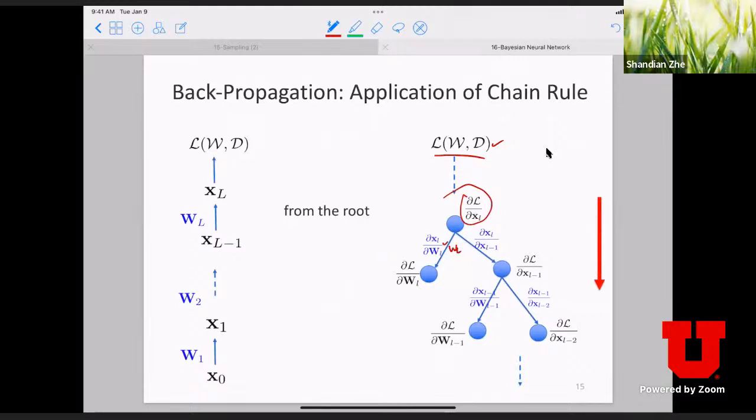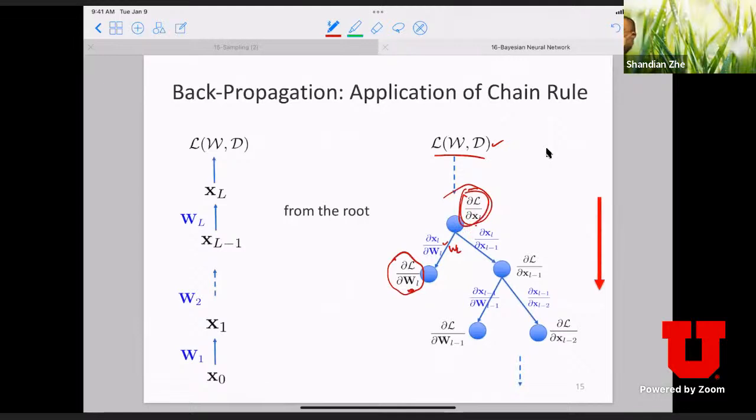So the benefit is that if you want to compute the partial derivative of the loss with respect to the weight matrix, I can just apply the chain rule. That means I just multiply partial L over partial neuron times partial neuron over partial weight. Right? And this intermediate result can be shared.